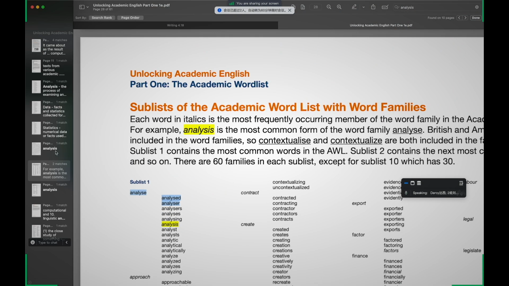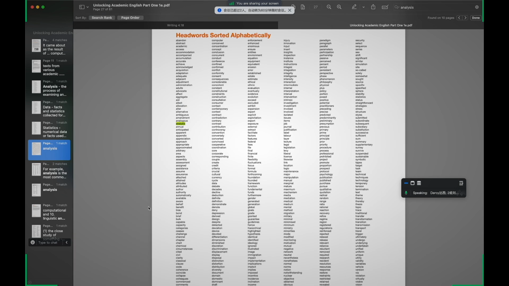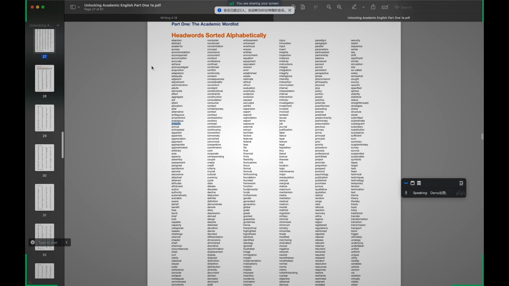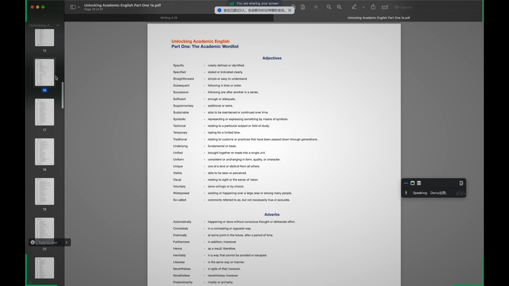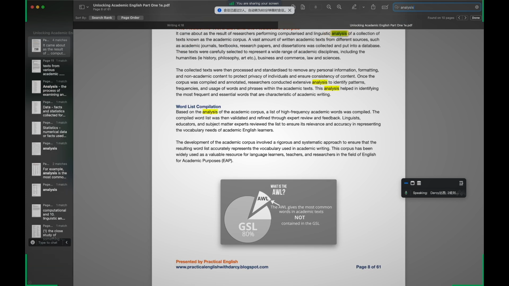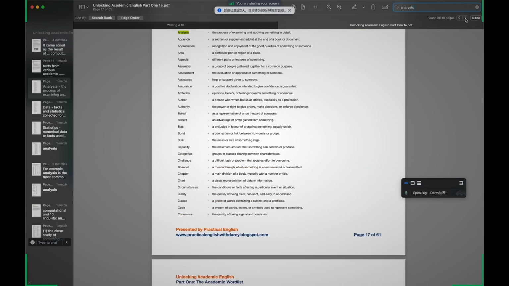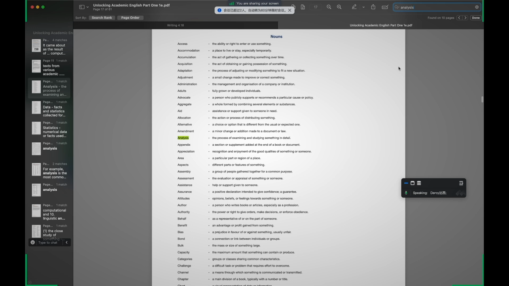Okay. So we have the alphabetical list here. We have the list of words grouped by category. And analysis is probably a noun. Analysis. It's used as a noun, right?